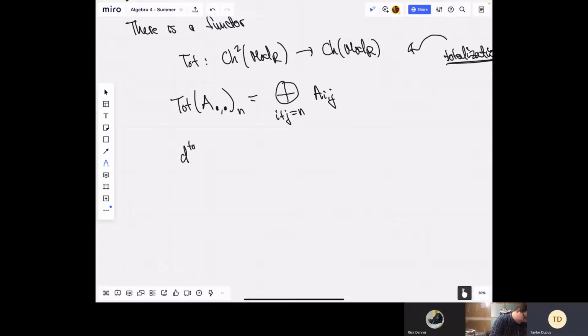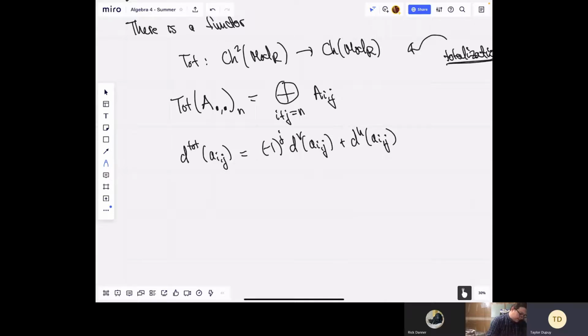totalization, right? We can do it on a particular summand, A_ij. This thing is (-1)^j times the vertical part plus the horizontal part.